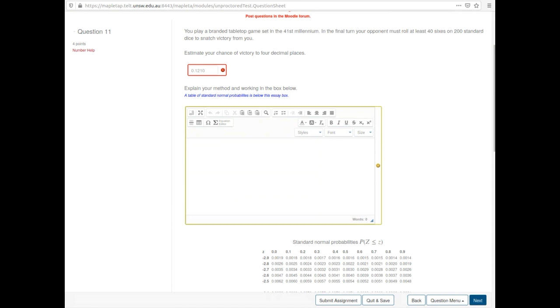The variance is 250 on 9, so the square root is 5 on 3. Maybe I didn't do the calculation correctly. Oh, hang on. My chance of victory.